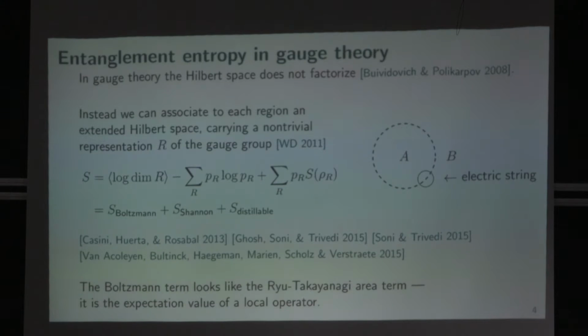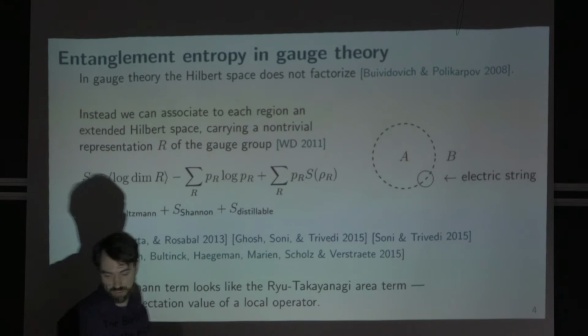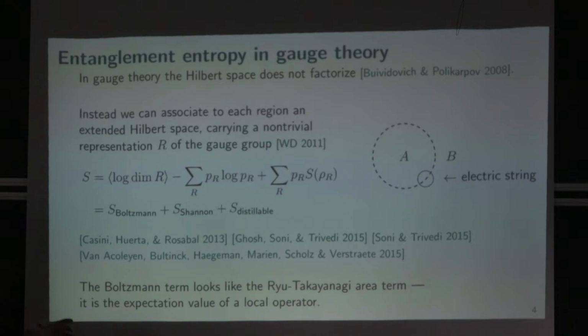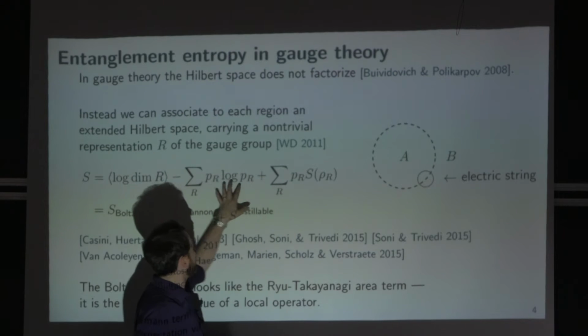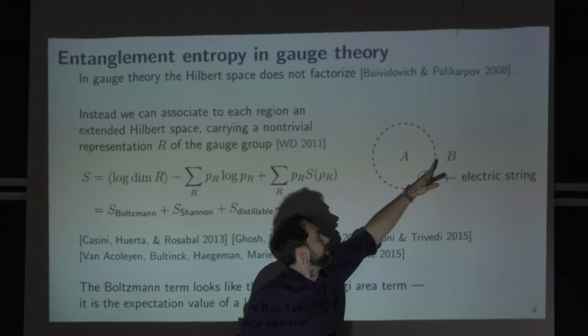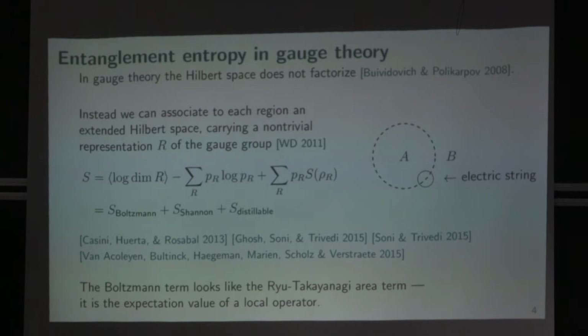There are three parts. First of all, you could just have some entanglement entropy within a fixed R sector. So you could have some local gauge invariant excitations on the interior entangled with some local gauge invariant excitations on the other side. But then there's some piece associated with the fact that the representation that you're in can fluctuate in a given state.